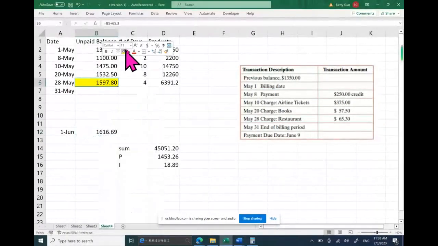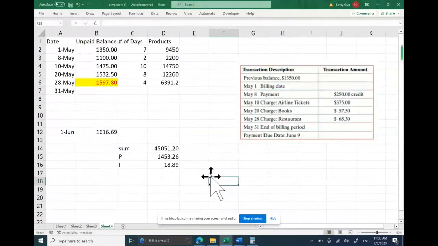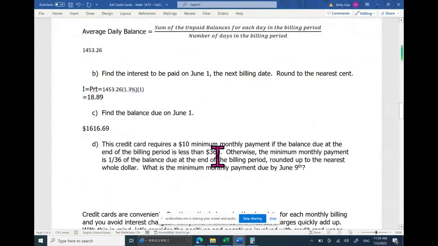Okay, I'm going to highlight that. Without the interest. Let's read it again. It says if the balance due at the end of the billing cycle, so no interest, is less than $360. Obviously, in this case, it is way more than $360. So that's the second case. Otherwise, the minimum monthly payment is going to be 1/36 of the balance due at the end of the billing period, rounded up to the nearest dollar.